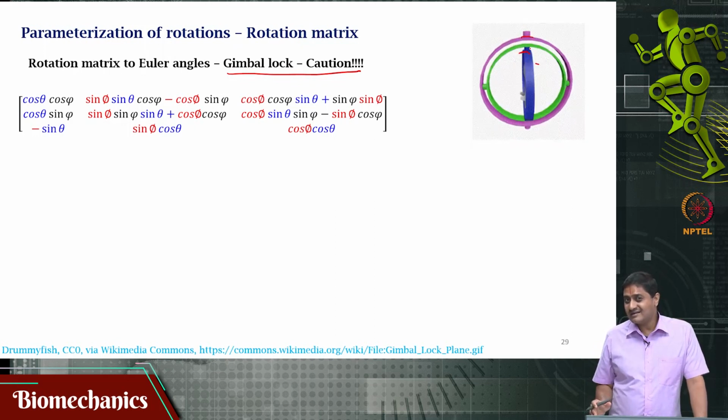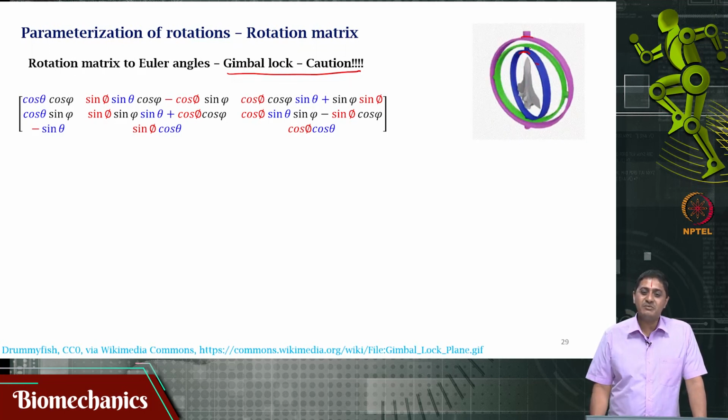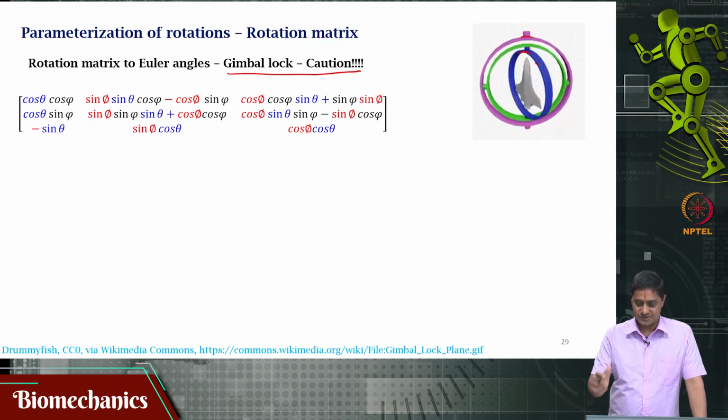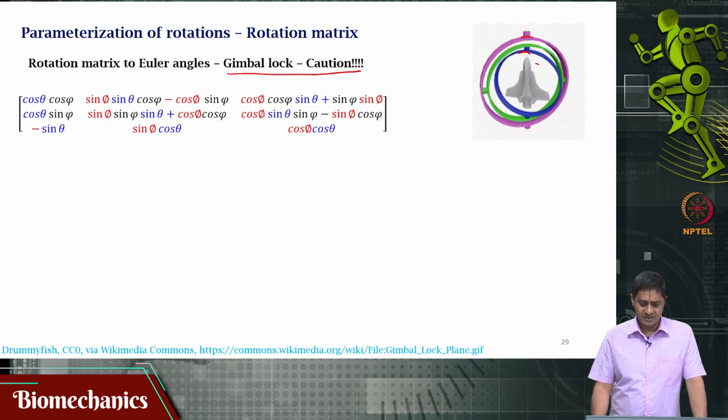It is not like there is a physical lock that is happening, but the measurement will no longer be uniquely represented. There are some measurement issues that come into this picture. We will discuss this in much greater detail in future.